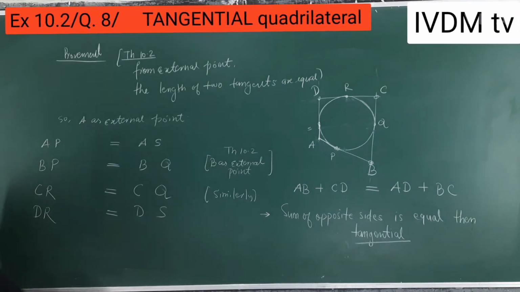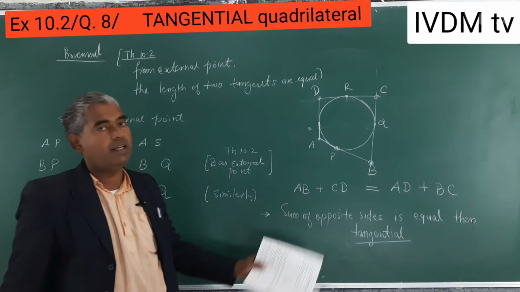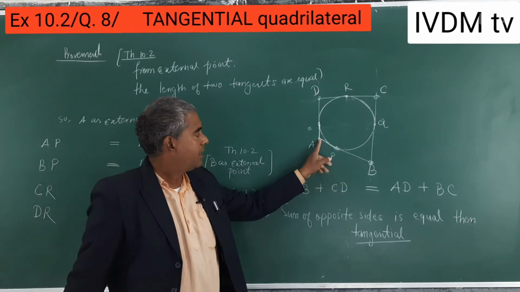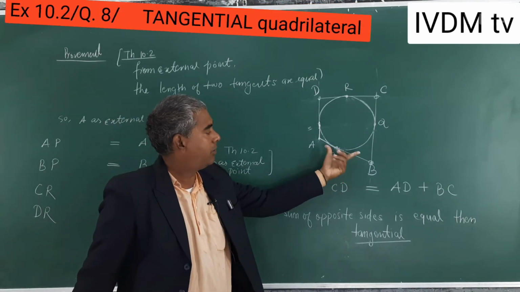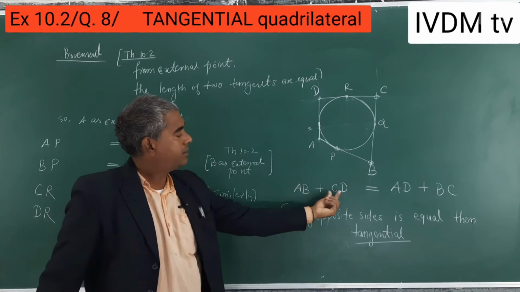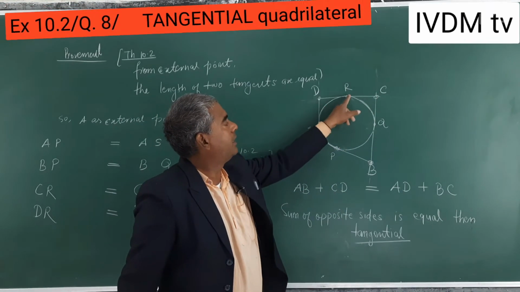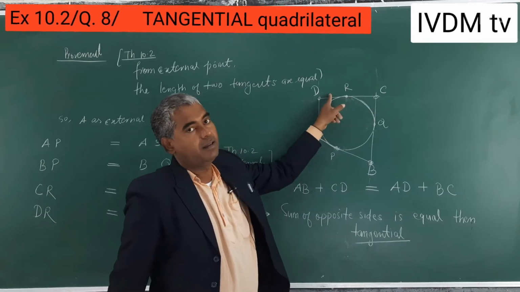You have to prove AB plus CD. How will you get AB? AB means AP plus PB is equal to AB. CD means CR plus DR is equal to CD.